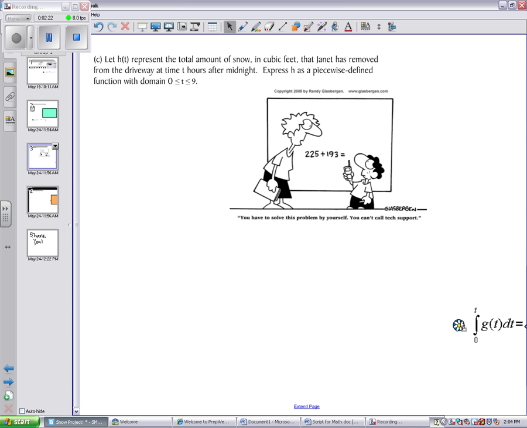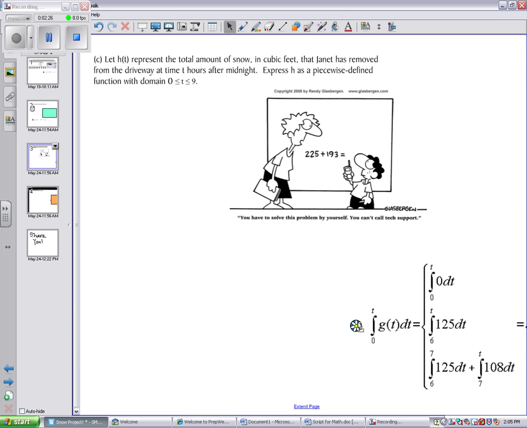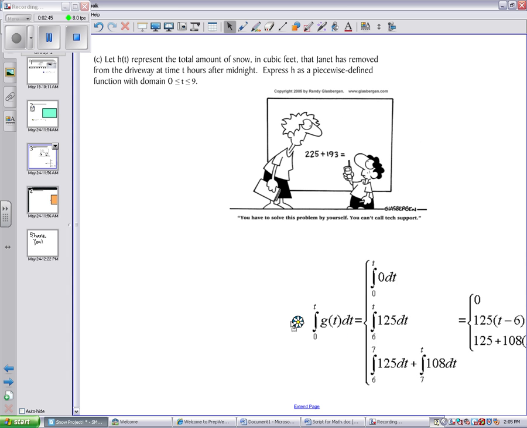g(t) is given as a piecewise function, and from time 0 to 6, the rate is 0. If t is between 6 and 7, you take the integral of 125 and add it to the first piece. If t is between 7 and 9, you add the summation of the first two pieces to the third integral.